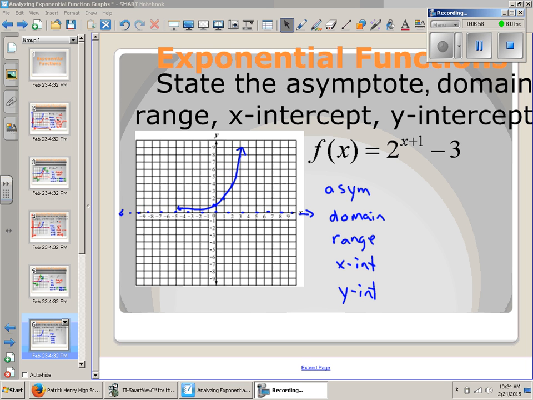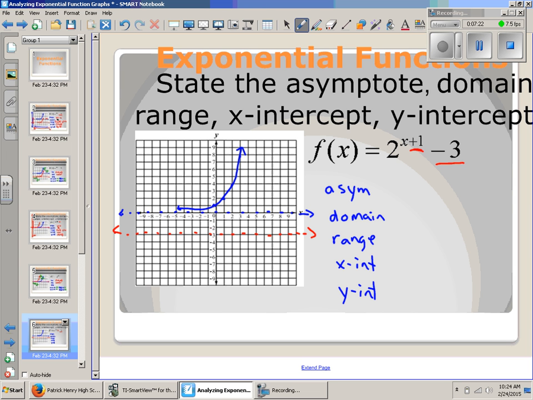Okay, let's look at this last example. And here we have negative 3, so that's going to be a vertical shift down 3 units. So that's going to change my asymptote down 3 units. So I'm going to move all my points down 3 units, and the plus 1, I'm going to go left 1 unit.